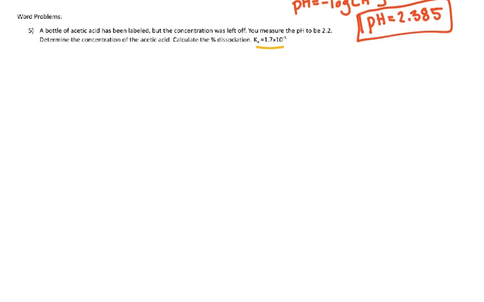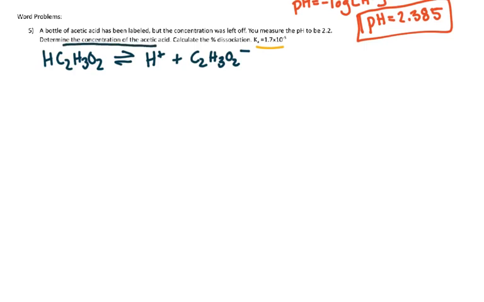All right, so I'm going to go ahead and just write down my acetic acid one more time. We do the arrow going both ways just to show that it's at equilibrium, or that it's finding equilibrium. And so this time it says to determine the concentration of acetic acid. So I don't know my concentration of acetic acid here.